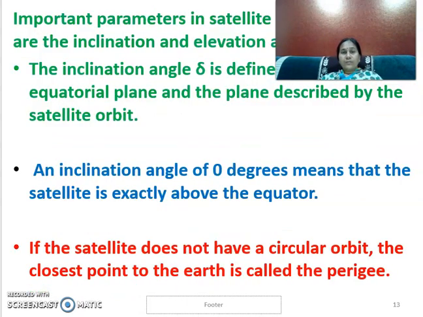So coming to the important parameters that play a major role in satellite communication: the angle of inclination and the angle of elevation.